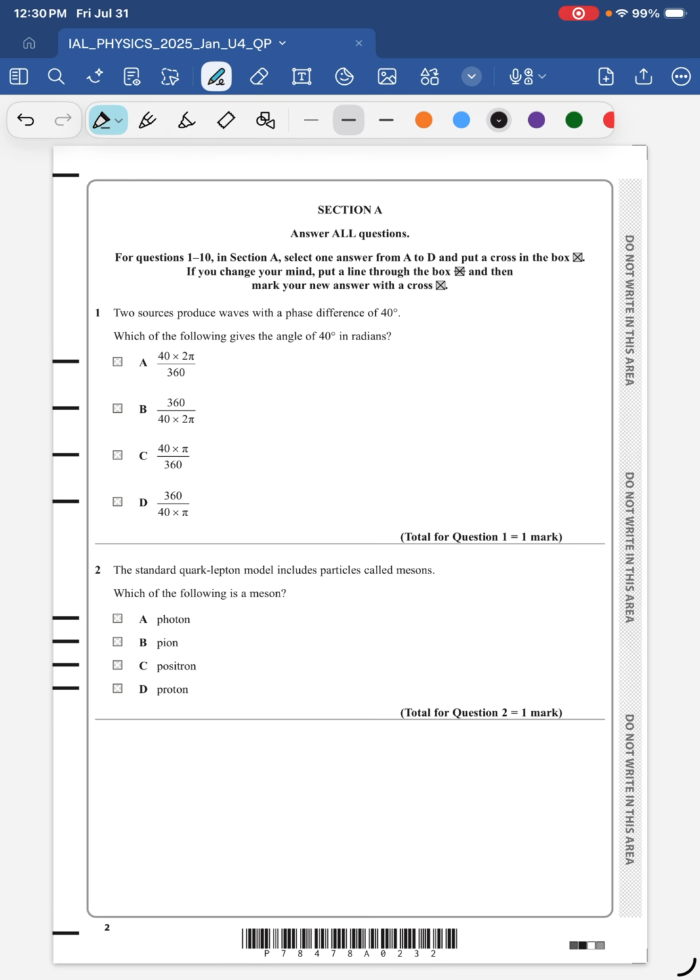So if you don't know how to deal with a question, leave it alone. Solve the rest of the questions that you know how to deal with, get your marks, and return to the problem that you didn't know how to deal with at the very end.